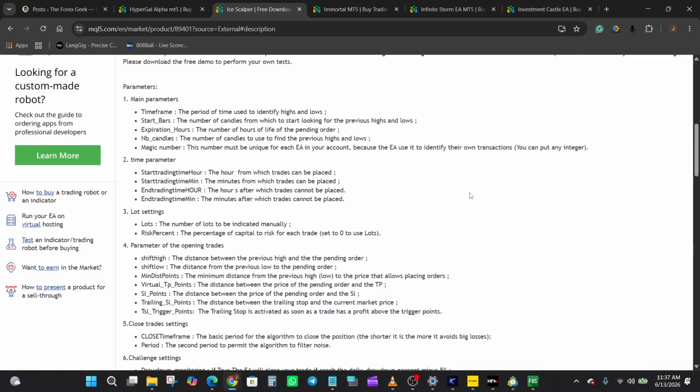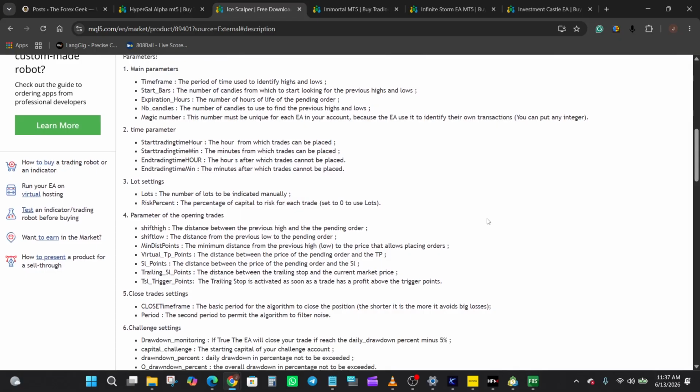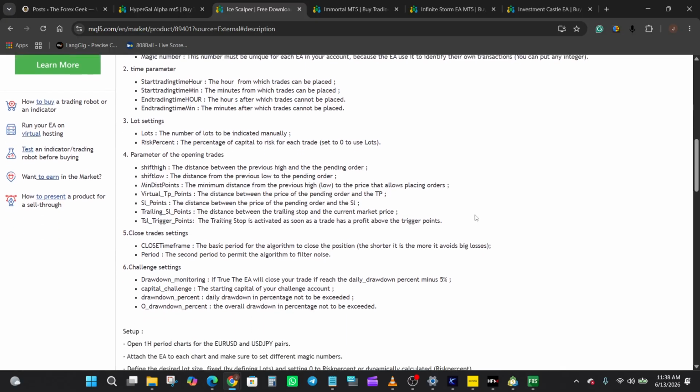For position sizing, traders can choose between fixed lot sizing or dynamic risk-based sizing using the risk percent parameter. The EA also includes settings for pending order placement, stop loss, take profit, trailing stop functionality, and trade closing behavior. In addition, there are challenge-oriented risk controls that can monitor drawdown limits and close trades if predefined thresholds are exceeded.